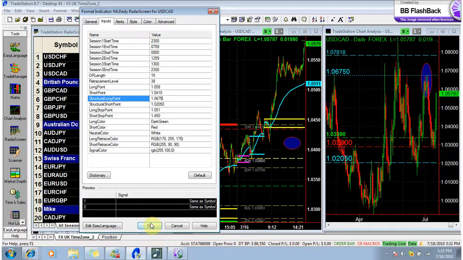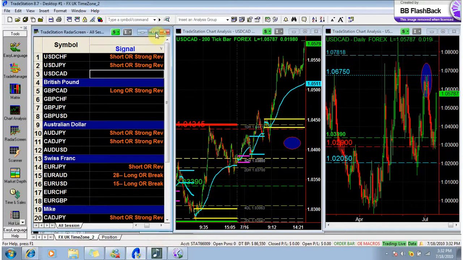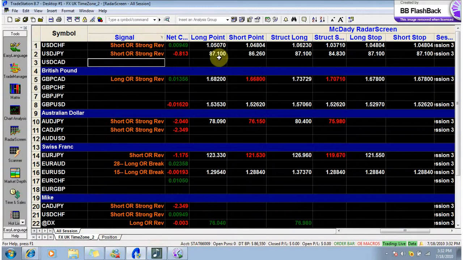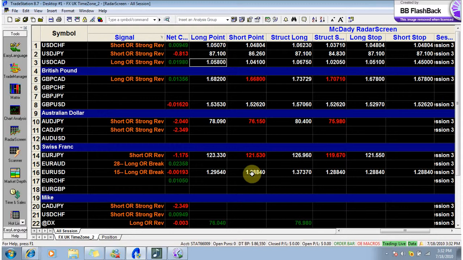Okay, so let's sum it up. We are going to go long the dollar CAD above the 105.80, and if we do, we're going to place our stop below 105.10. If we're going to go short, we can only go short below the 104.10, because anything above that is still a buy signal.